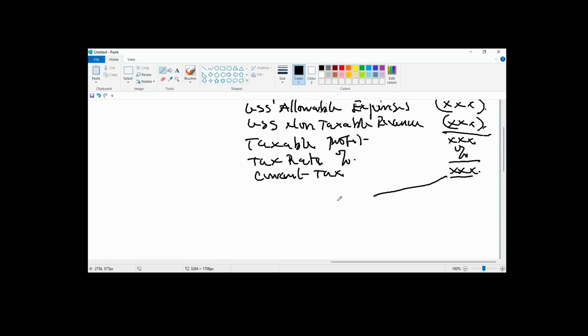Please mute yourself, please. This current tax can be affected by last year's tax, which can be over provision or under provision. For over provision, we less in the current year. But if it's under provision, we add.